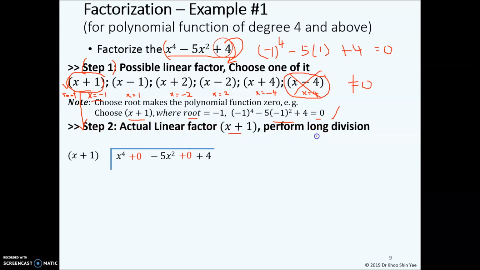We have to perform the long division. Long division is the same as the factorization here, just that the format is in long division, where we put the function inside here, and the linear factor that we selected, we put it here, and you start to divide.